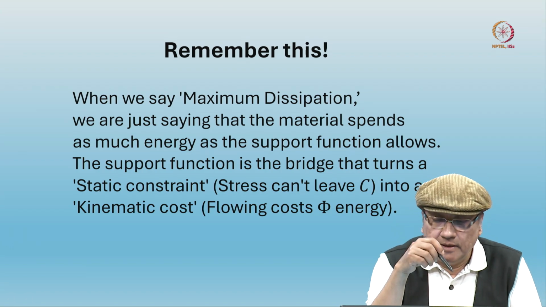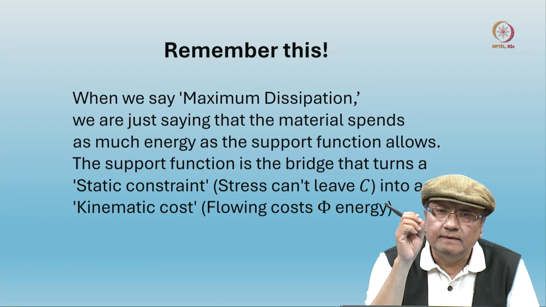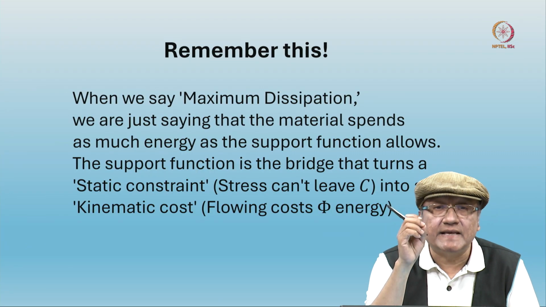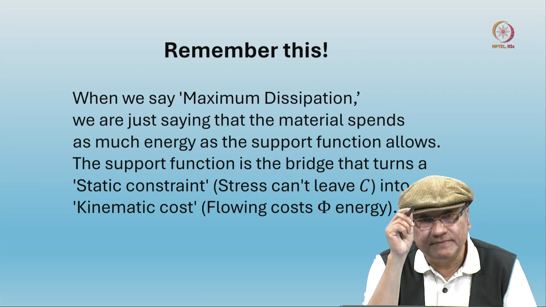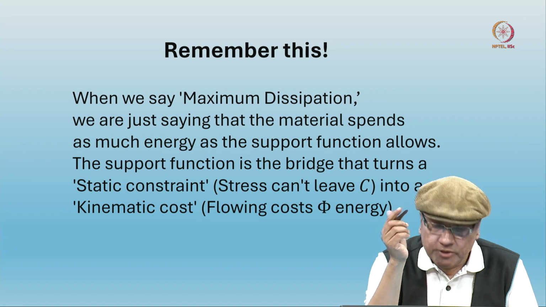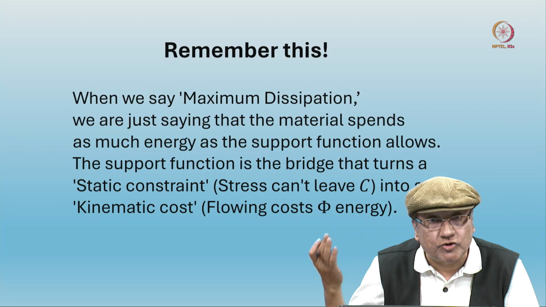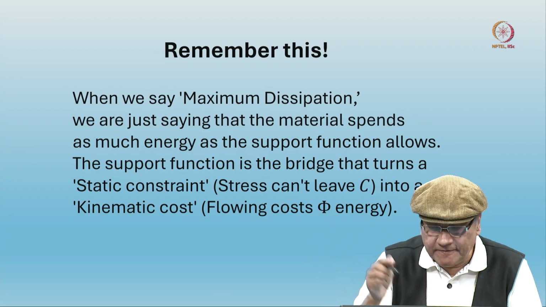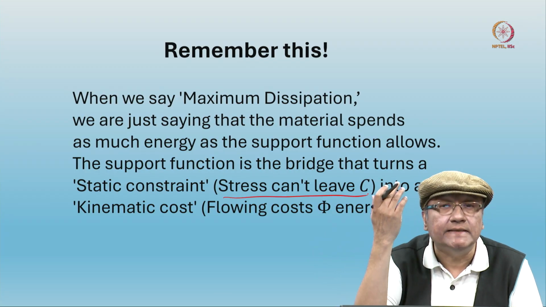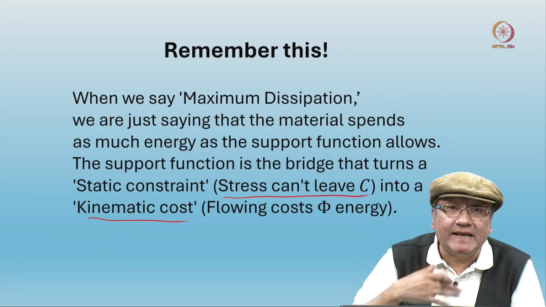When we say maximum dissipation, we are just saying that the material spends as much energy as is allowed by the support function. So, the support function is the bridge that turns a static object, a static constraint, which is the yield surface, that is, stresses cannot leave C, into a kinematic cost, a dynamic kind of cost.